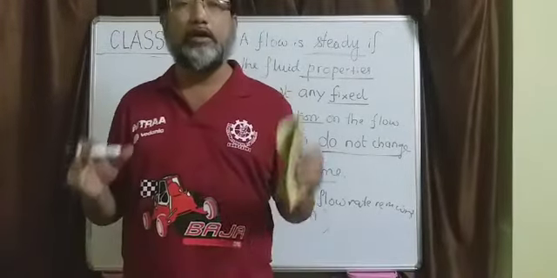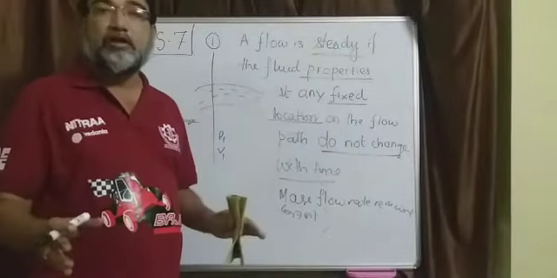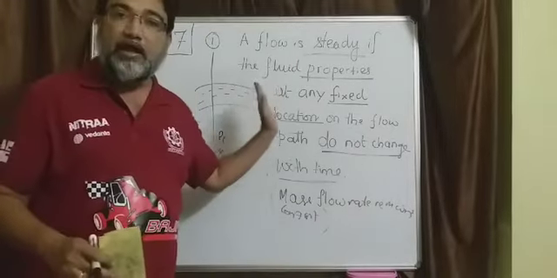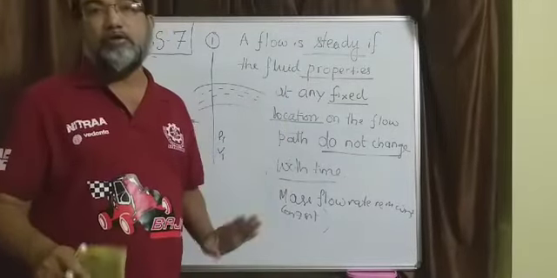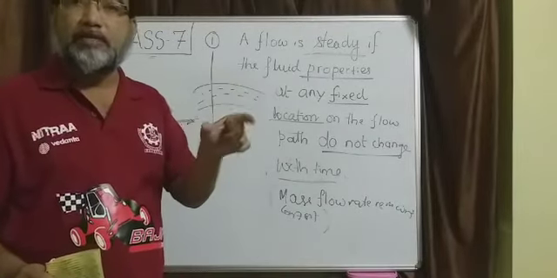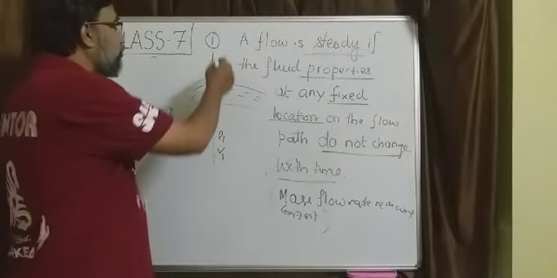That means there is no accumulation of mass inside the system or inside the fixed region that we are considering as system. So the mass in and mass out per unit time is constant, and that mass per unit time is called mass flow rate. So mass flow rate is also constant.